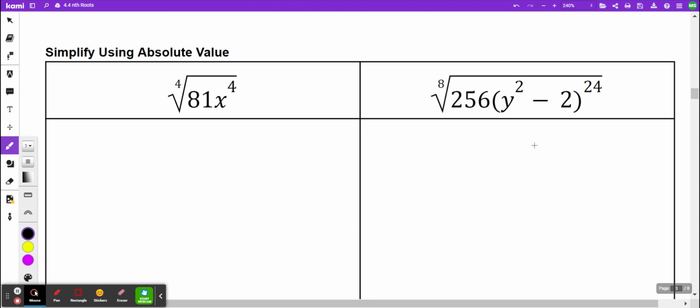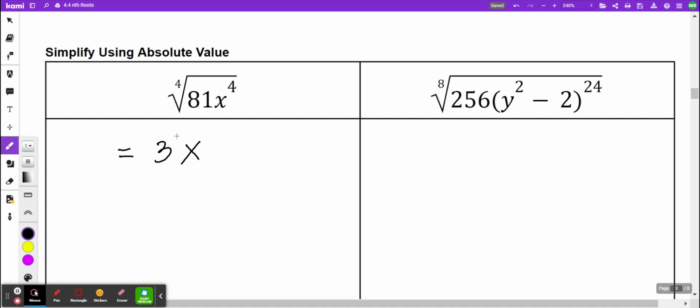Let's simplify both of these expressions. So I know that the fourth root of 81x to the fourth would be 3x. But we can't just leave it like that.